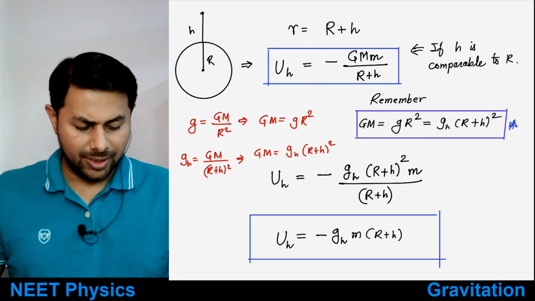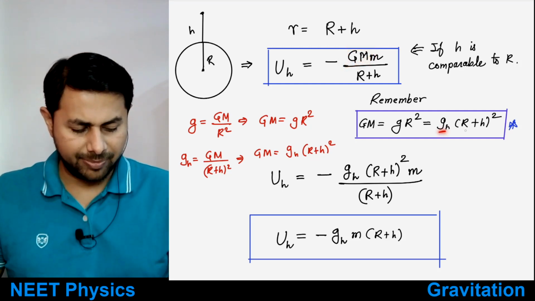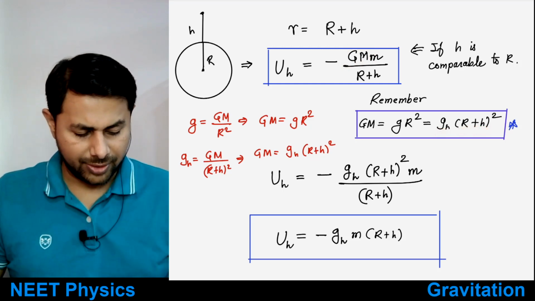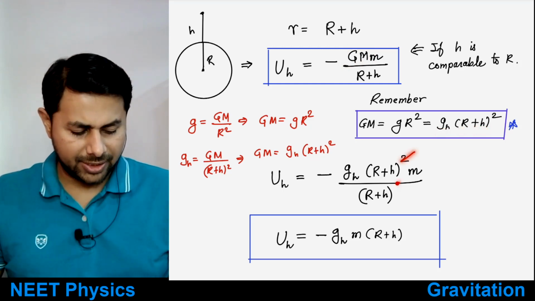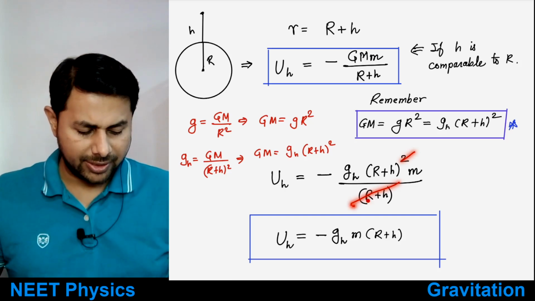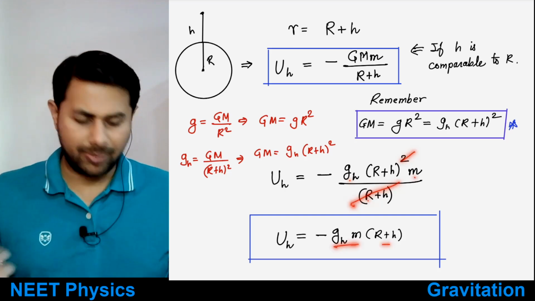All right. So in place of this GM, we substitute gh multiplied by (r plus h) square. When we substitute that, one of this r plus h will get cancelled out with r plus h in the denominator, and what remains is gh multiplied by m into (r plus h).